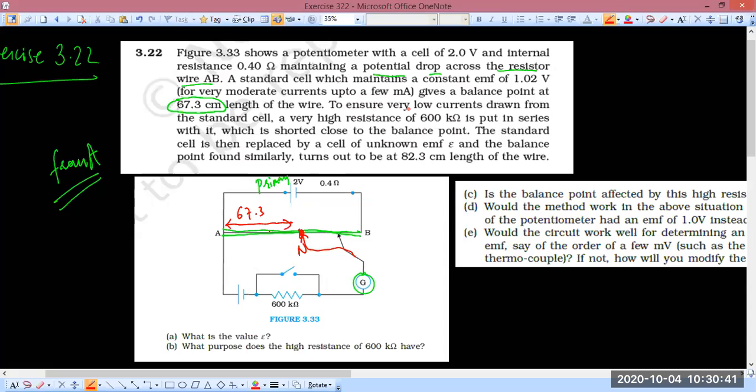To ensure very low currents drawn from the standard cell, a very high resistance of, sorry, not that one, this one. Okay, sorry, this is the standard cell, I agree. What is its EMF? 1.02 volt.